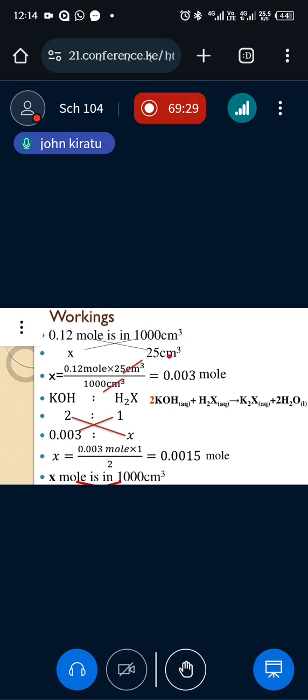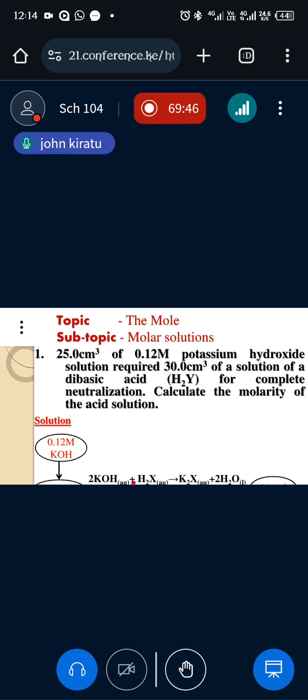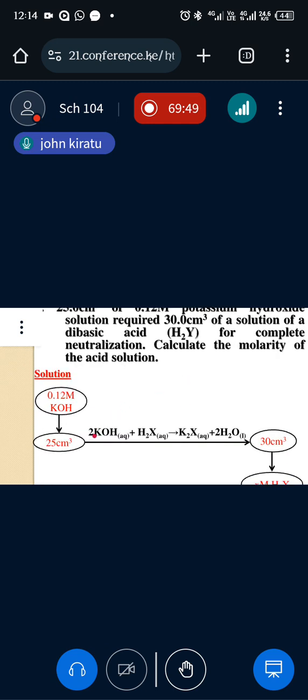We took 25 centimeters, so the moles we had are 0.003 moles. From the equation, the mole ratio of the base to the acid is 2:1. So for every 2 moles of this, you have 1 mole of this, and if we had this many moles of this, then how much of this do we have?